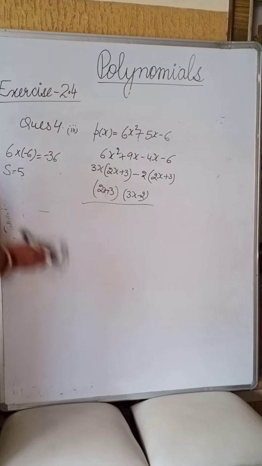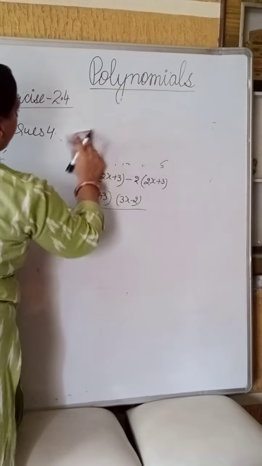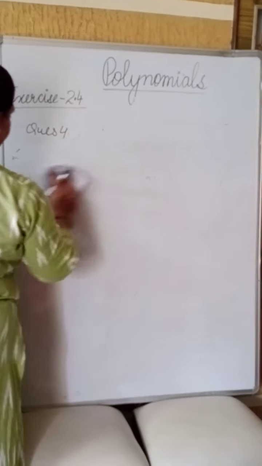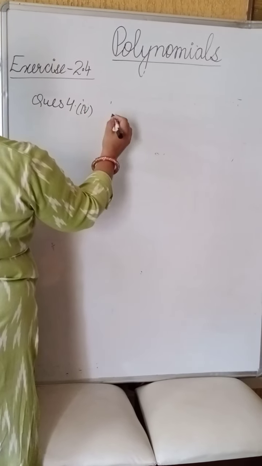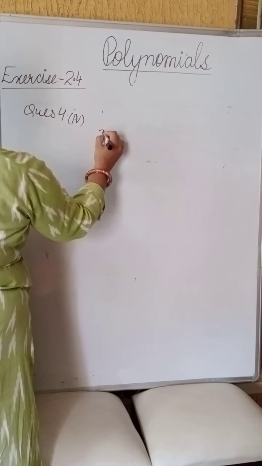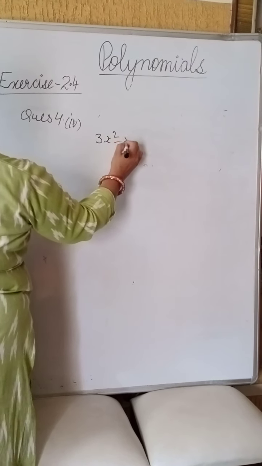Now I will do the fourth part of this question. The polynomial for the fourth part is 3x square minus x minus 4.